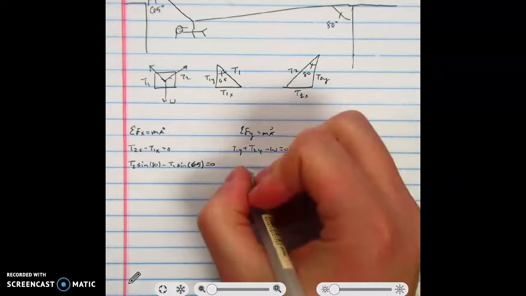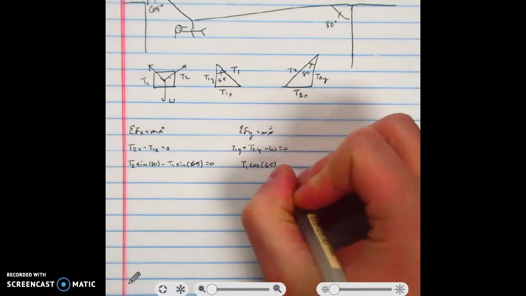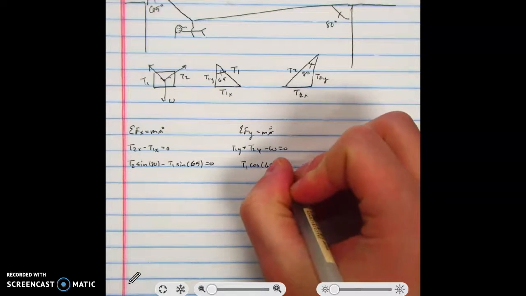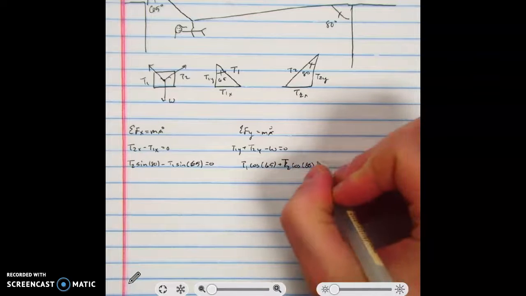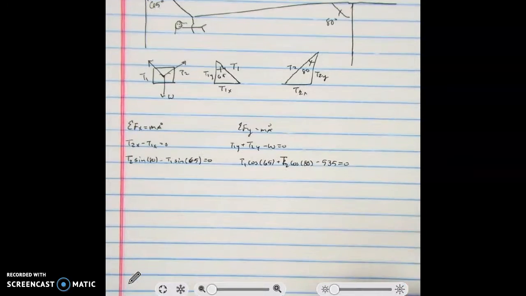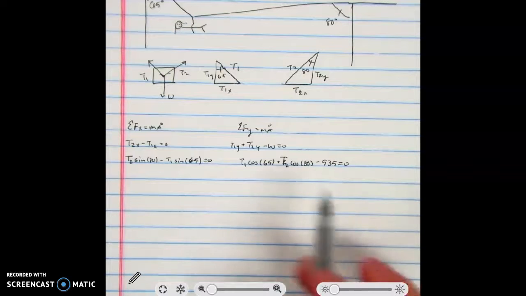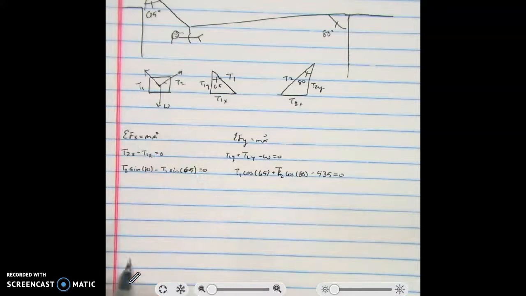For the y-axis, I have T1 cosine 65 plus T2 cosine of 80. And we know the weight is 535, equals 0. Once again, I'm doing this because we need to replace and actually get these variables in there.